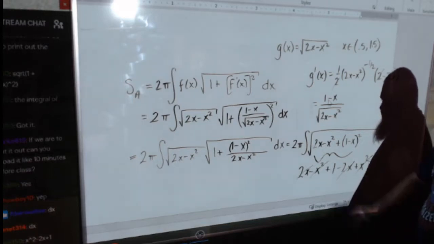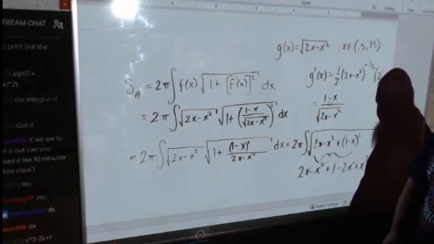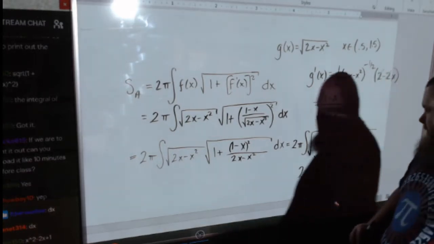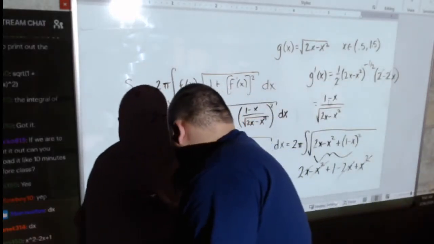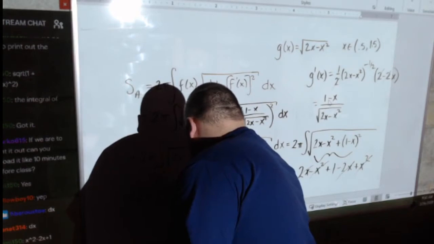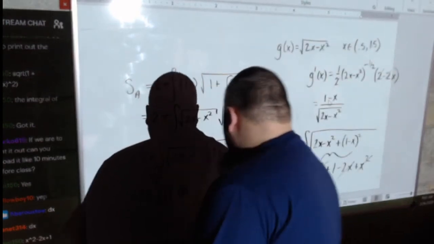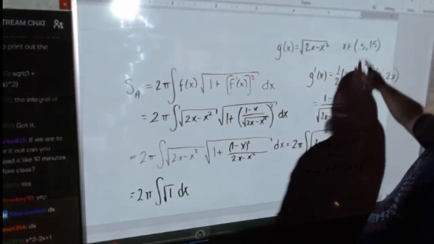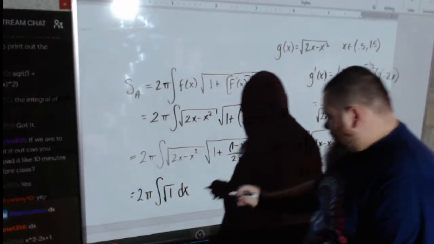Looks like I just get square root of 1 out of all of that. So this is 2 pi integral square root of 1 dx, and our bounds were from 0.5 to 1.5.